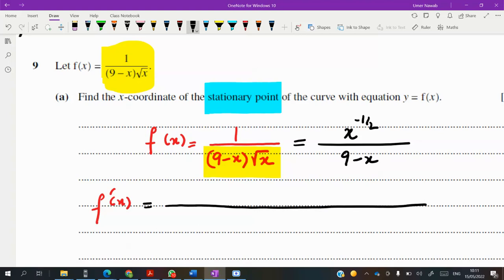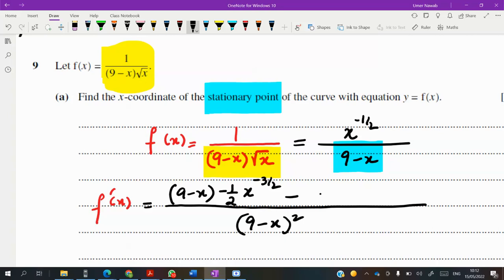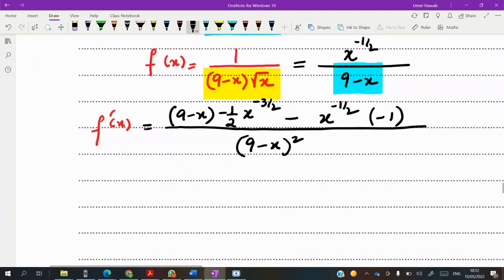The quotient rule says: the bottom function, 9 minus x, put it under the square. You have to take the differentiation of x raised to minus 1 over 2, so the minus 1 over 2 goes back, and this is minus 3 over 2. Then minus the sign, x raised to minus 1 over 2, times the differentiation of 9 minus x, which is minus 1.